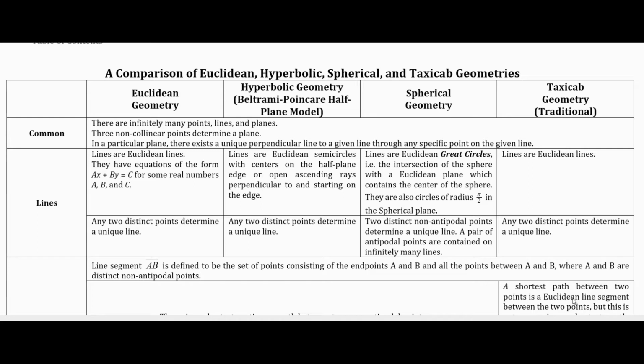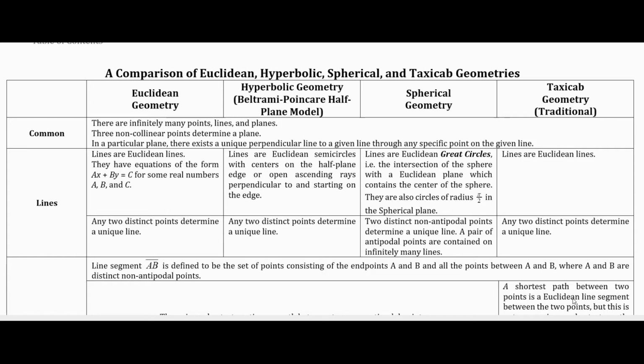The other kind are open ascending rays perpendicular to and starting on the edge, with the point on the edge not being part of it. Any two distinct points again determine a unique line. In taxicab geometry, lines are Euclidean lines, and any two distinct points determine a unique line.